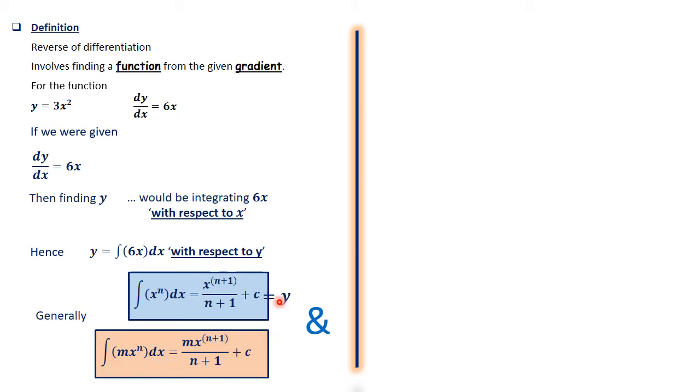The other part of the same is if we are integrating m x raised to power n, and please remember that in this case n, and this n also, and m, they are just numbers like 2, 3, or whatever it is.